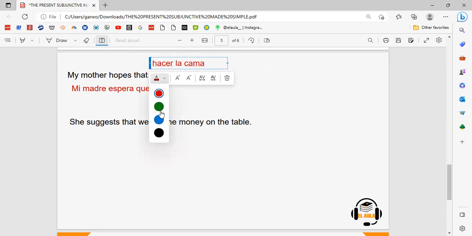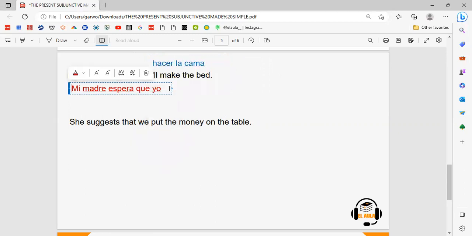Let's put this in a different color. So we're working with hacer right here. Now, in the present tense, the yo form of hacer would be hago. Cool? So we have that mentally noted. We're going to remove that ending, and then we're going to switch our ending.